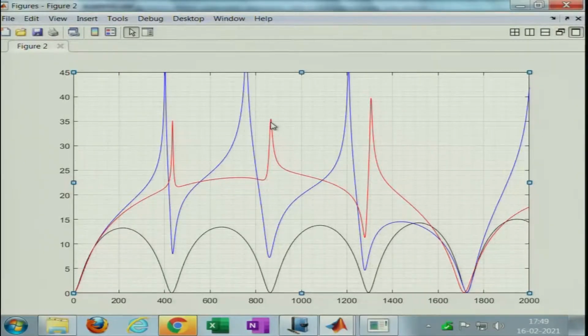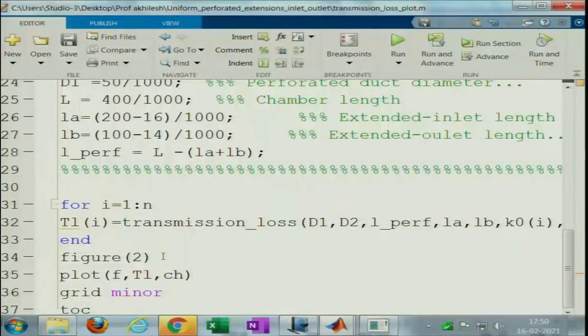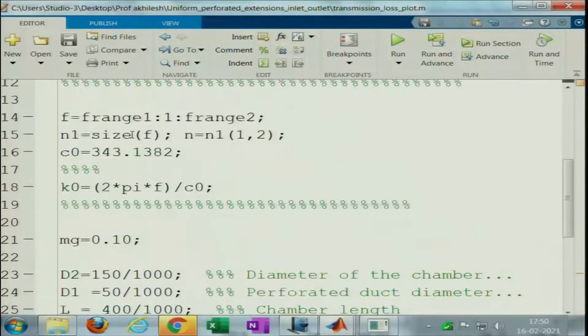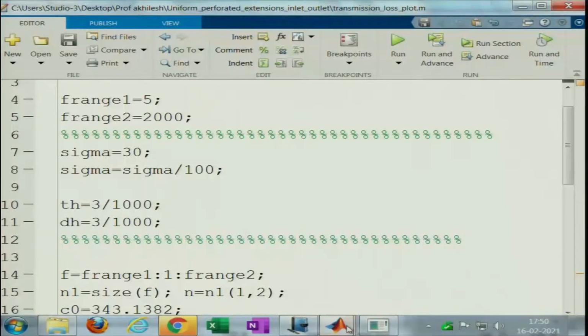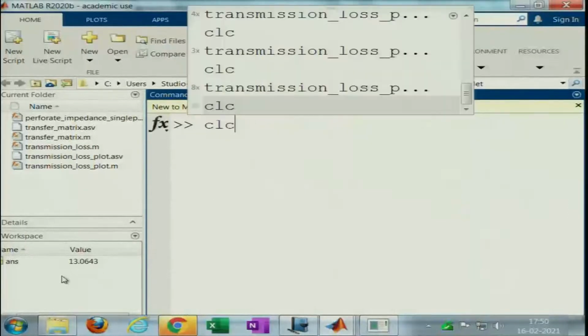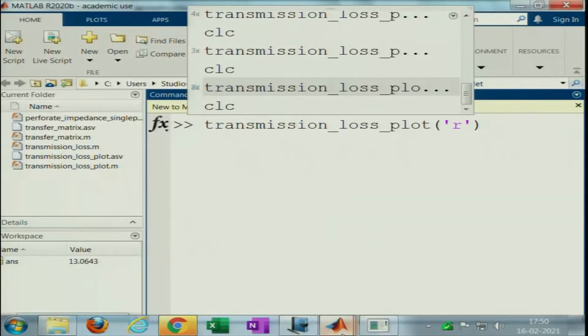Now we will keep these results aside, and let me make a simple change in the code. Let me use figure 1 and put some significant value of the mean flow, 0.1 say. Okay. So it is hard to start tuning the performance when you have flow, but we will try to do something.